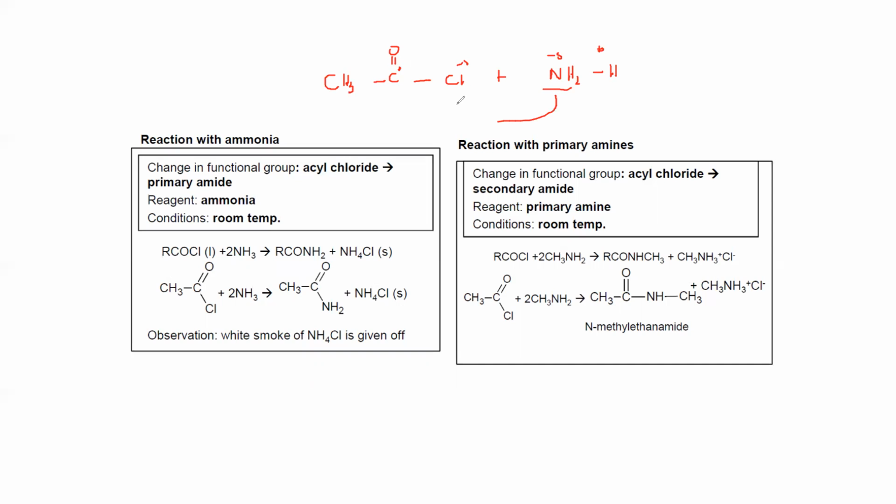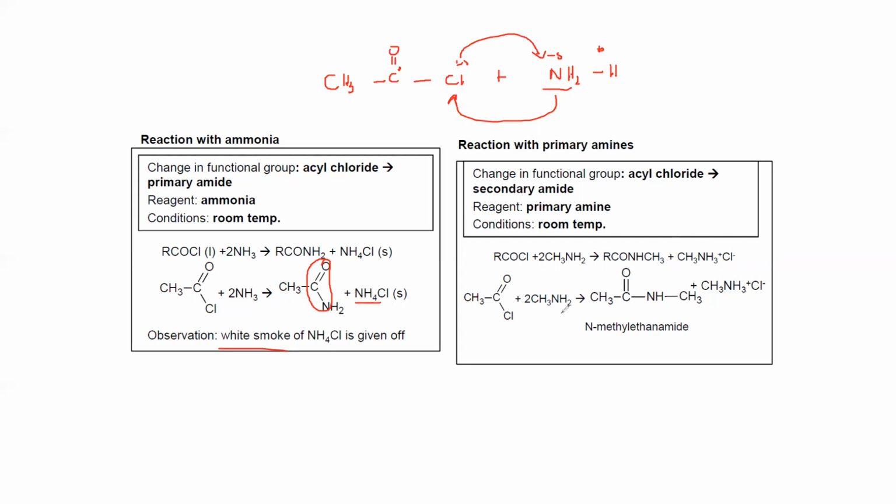So the NH2 group will take the position of Cl, and Cl will displace this NH2. So it will form C double bonded with O and N, that's called amide. So it will form ethanamide, and ammonium chloride is there, which is a white smoke.